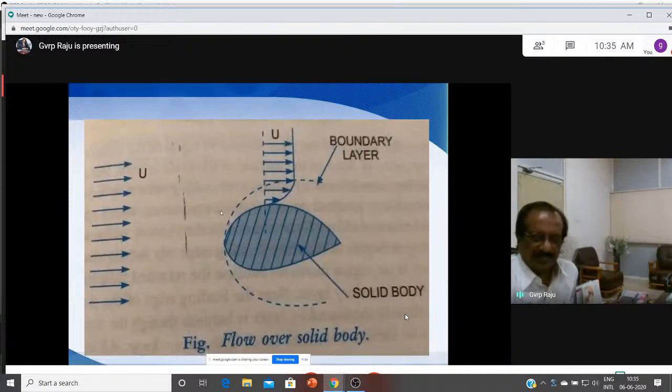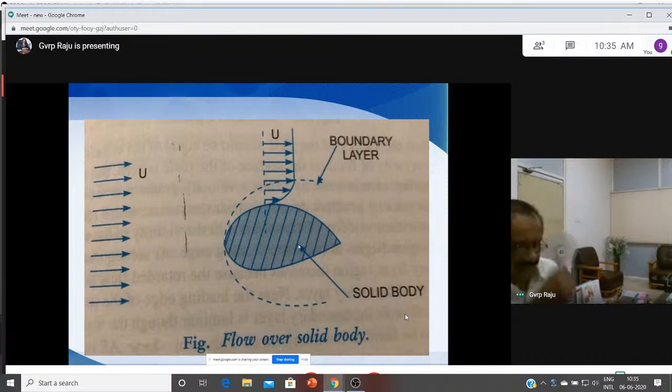The second aspect is, suppose the solid body is also moving, then what happens? No doubt the fluid is flowing, and now the solid body is not stationary, it is moving.